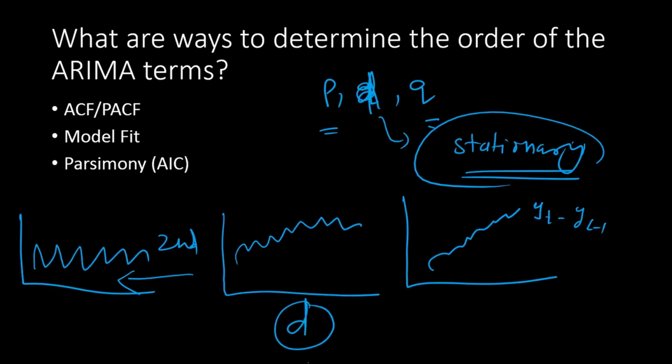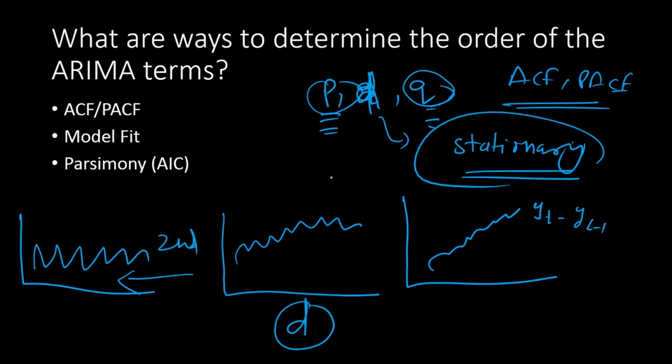So the value of D is fine. Now the values of P and Q you can get from the ACF and PACF, the autocorrelation function and the partial autocorrelation function. If you're not aware of them, please go through my video on time series analysis theory. It's explained properly.